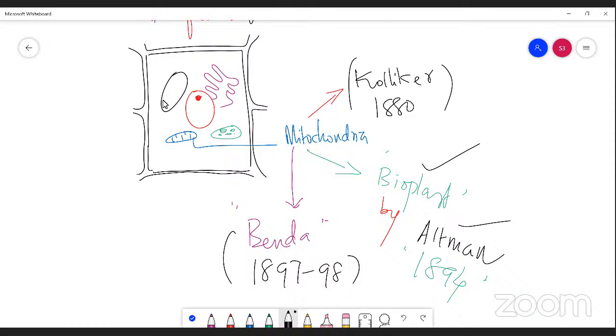Instead of the term bioblast, later on it was coined as mitochondria by the scientist Benda. Benda was the man who coined mitochondria. It is simply a cell organelle that is found in every cell, including plants, animals and humans, but except prokaryotes, right? All the cell organelles are absent. In bacteria and viruses, mitochondria is totally absent. Very good.